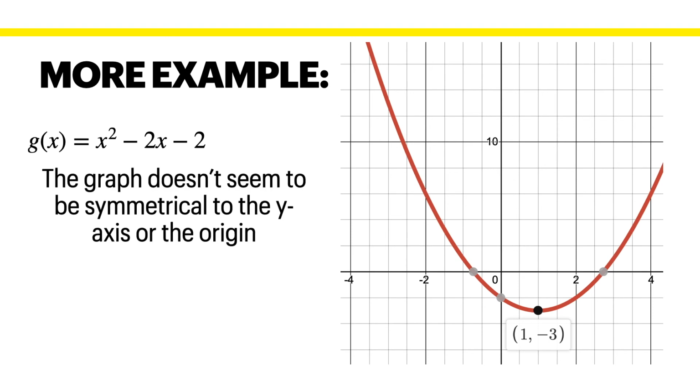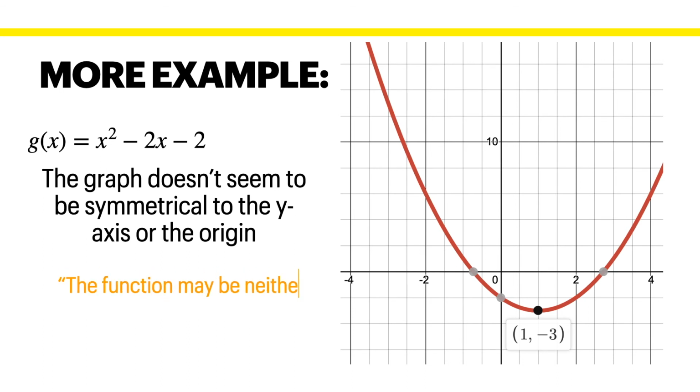The graph doesn't seem to be symmetrical to the y-axis or the origin. Even though a parabola technically is symmetrical to its axis of symmetry, yes. But in this case, it's not symmetrical with respect to the y-axis or the origin, only because the vertex moves somewhere else. If your vertex is on the y-axis, then yes, the function will be symmetrical with respect to the y-axis.